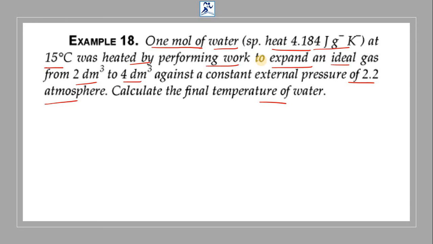Here, we know water's gram molecular mass is 18 grams.